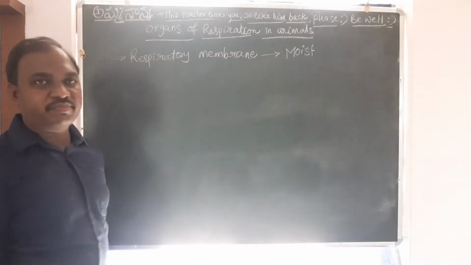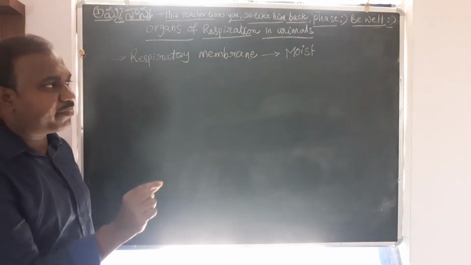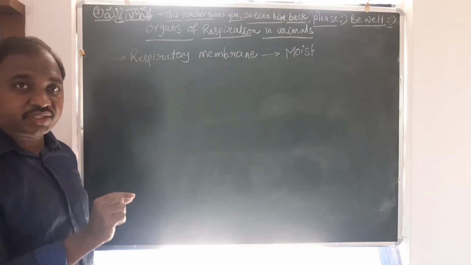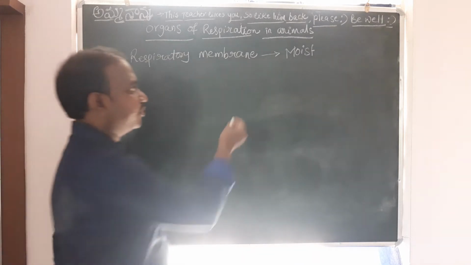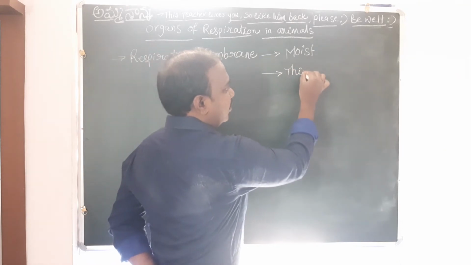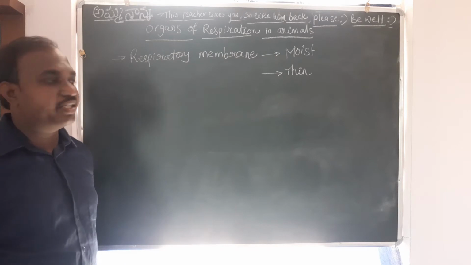regardless of what kind of membrane it is, or which kind of animal it is in. It should be moist and it should be very thin, obviously, because diffusion is happening. That's why the membrane should be very thin.